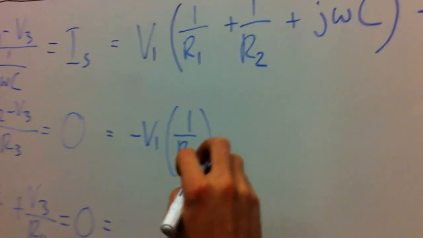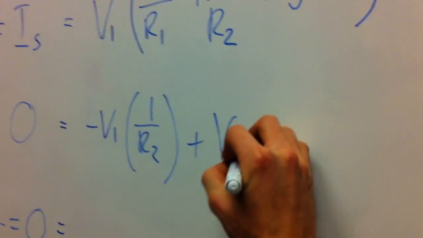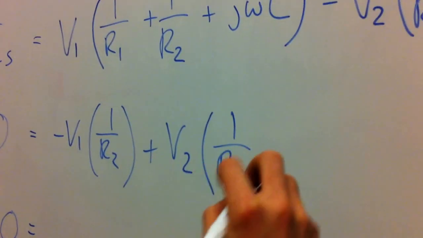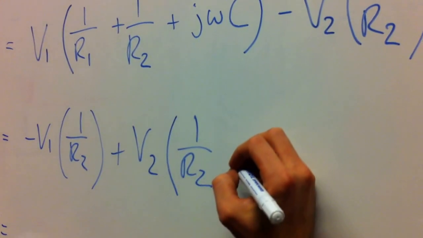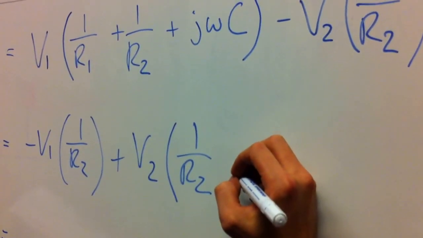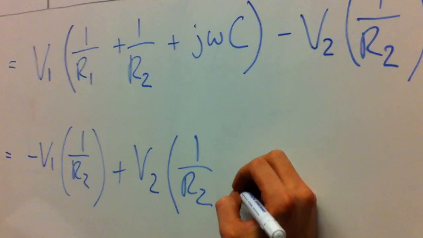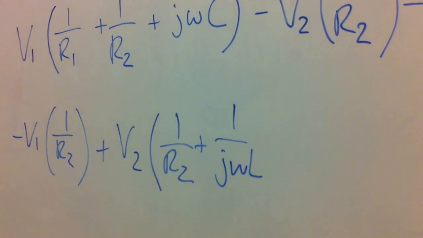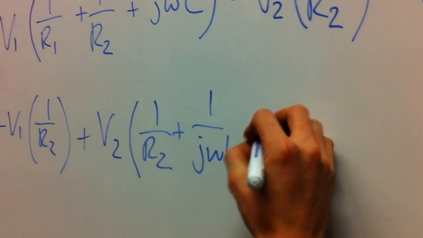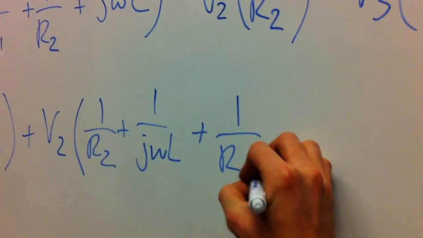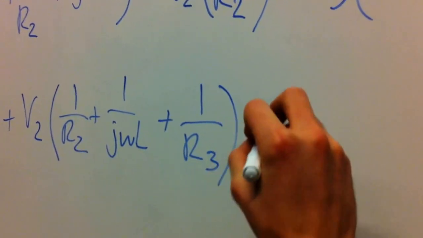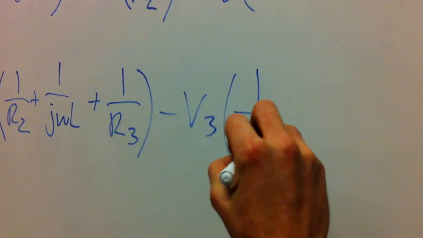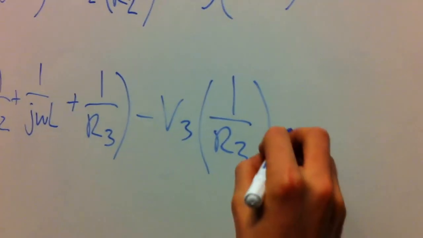Okay, so plus V2, 1 on R2. This becomes 1 on JL. That's right. That's V2, and then the last one is 1 on R3 minus V3, 1 on R3 is equal to 0.